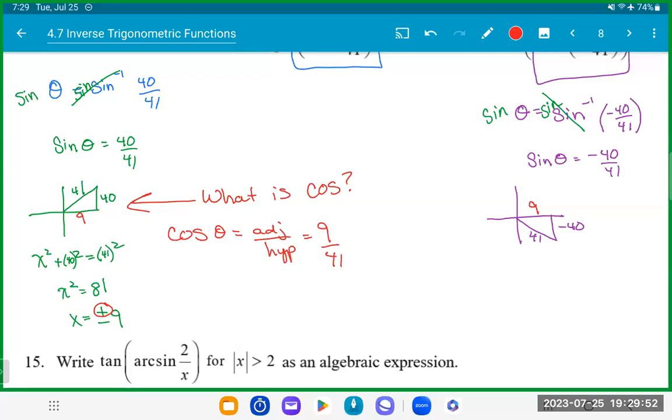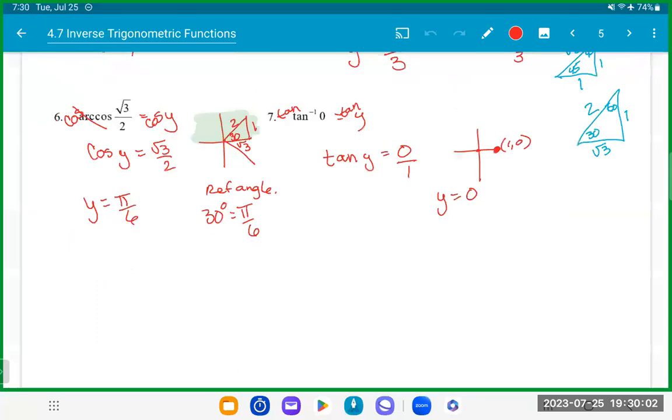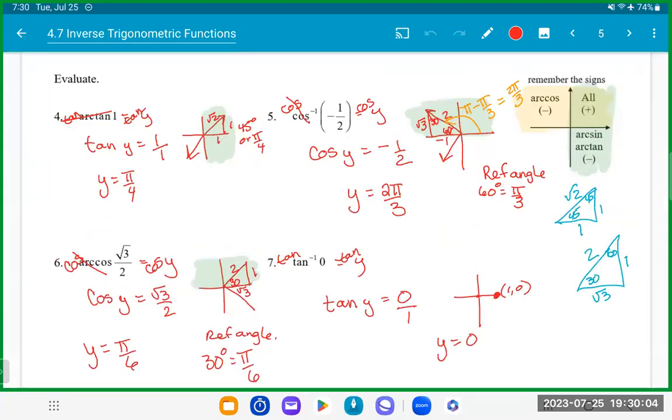So is sine and cosine quadrants 1 and 2? No, remember, sine and tangent are 1 and 4. Cosine is 1 and 2. Oh, okay. Thank you.